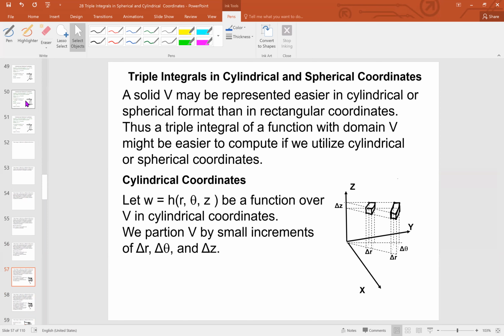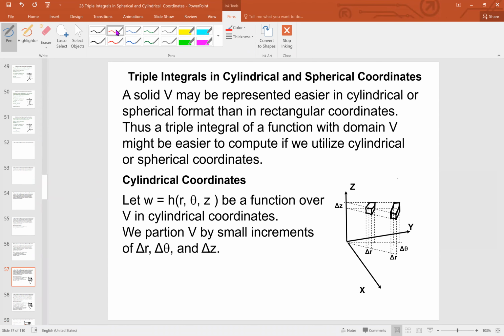For the cylindrical coordinates, what we do in a triple integral, again, is cut up the domain. The domain here is a solid, so it has three variables, r, theta, z. So we talk about a very small, minute increment, dr, d theta, dz.